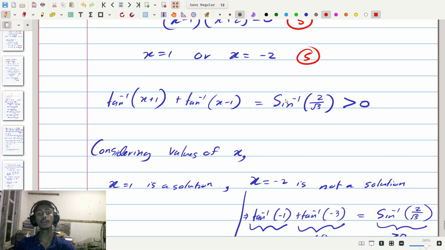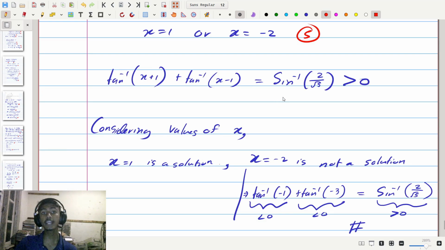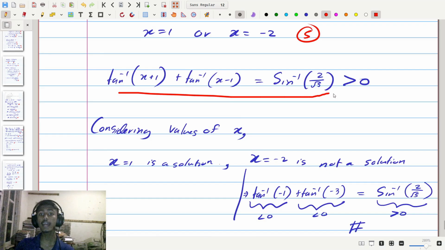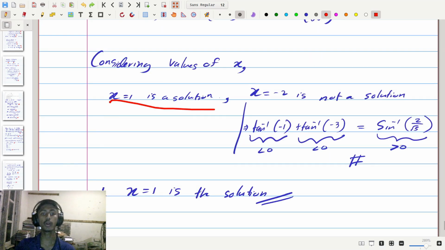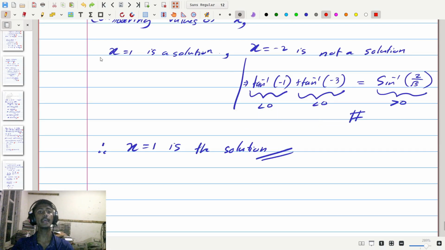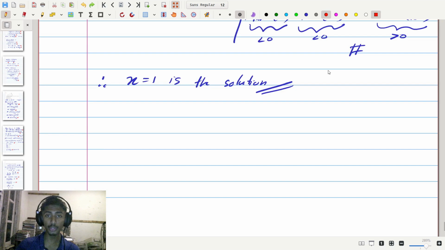And finally, when you consider two values x equals 1 and x equals negative 2, and you see for our equation x equals 1 works, however x equals negative 2 doesn't work, because x equals negative 2 makes a negative angle equal to a positive angle, which simply cannot work, is a contradiction, it doesn't work, which means that x equals negative 2 is not a solution. And then you finally conclude that x equals 1 is the only solution. You get a final 5 marks for that.